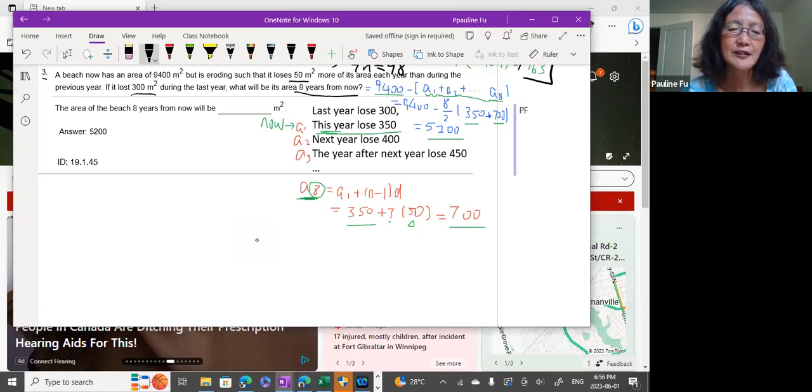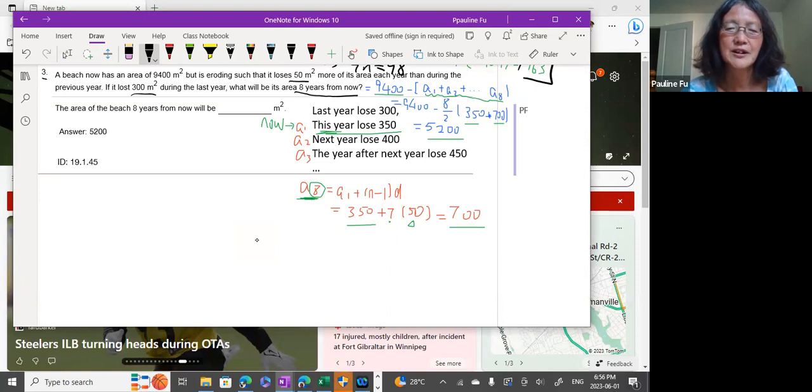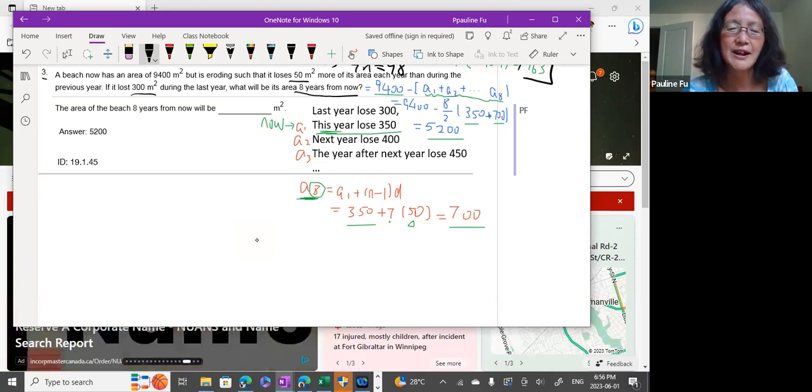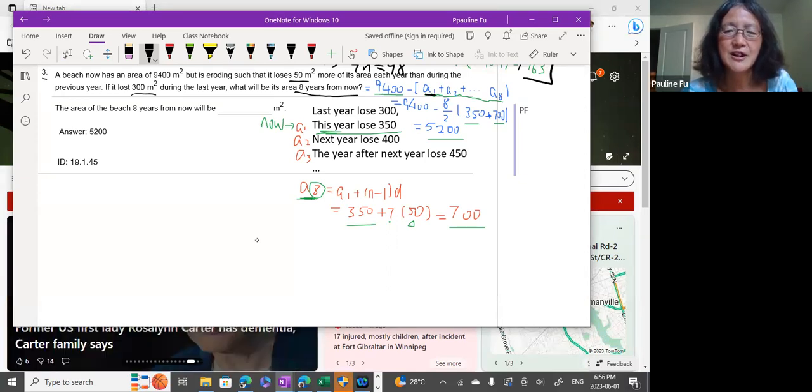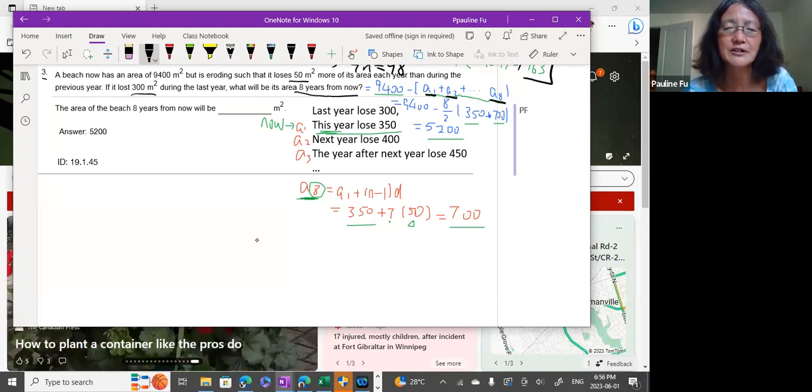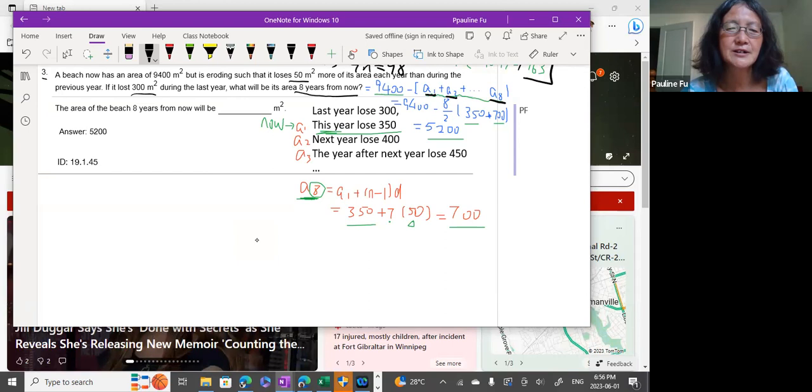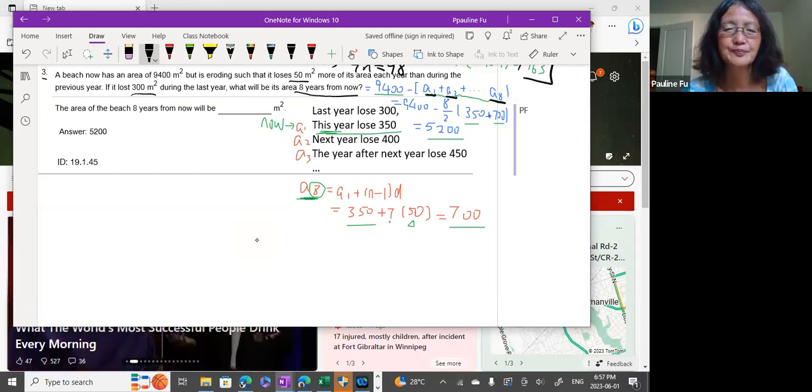8 years from now, there are a total of 8 years. Each year, it erodes, so we need to find out the total erosion. How much area is lost? From now until 8 years, we need to know the total area lost. So year 1, year 2, until year 8. We need to find A1, A2, until A8. Each A represents the area lost.